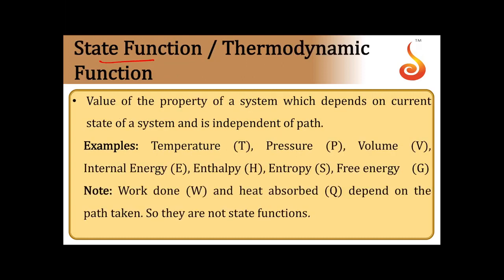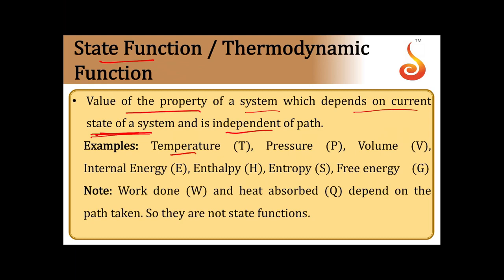Then comes the state function and path function. The value of a property of the system which depends upon the current state of the system and is independent of the path is called a state function.